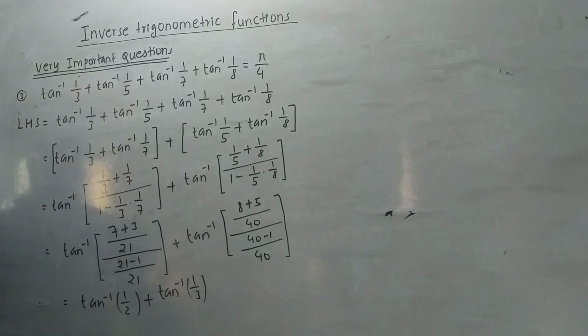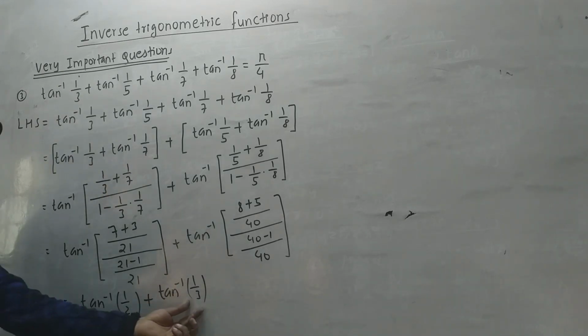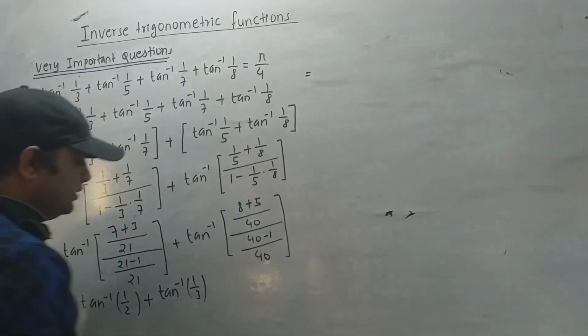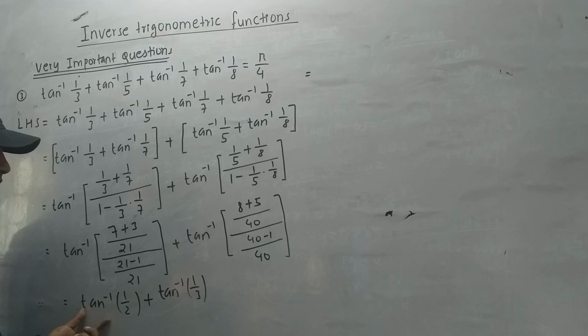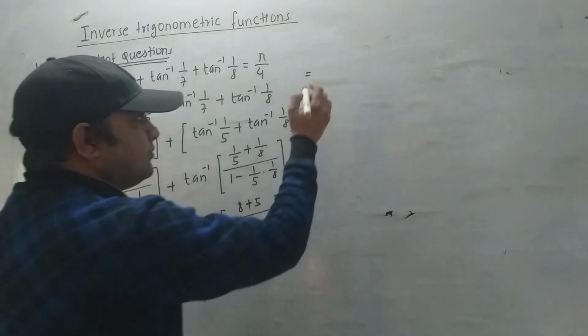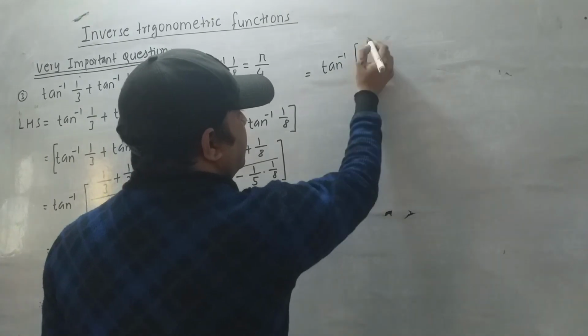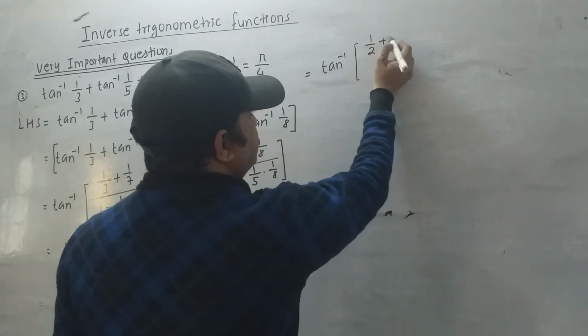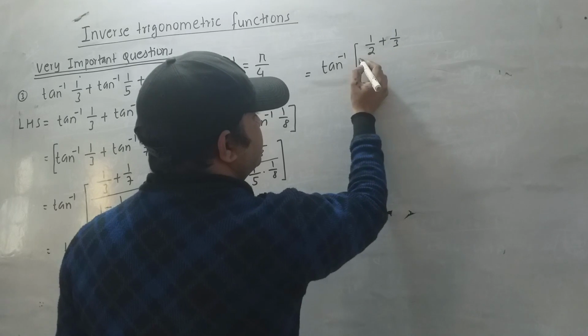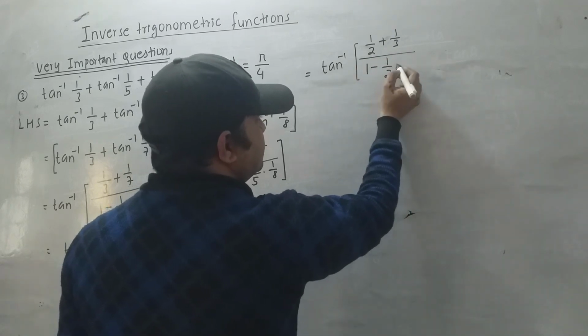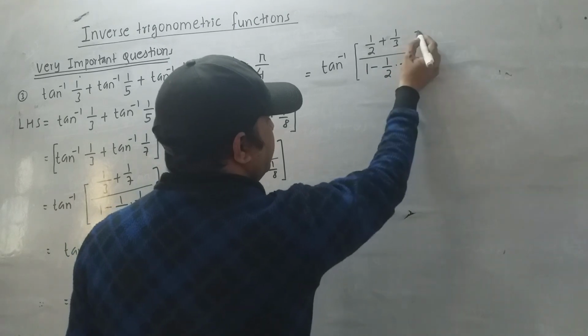Again we will apply the formula for tan inverse x plus tan inverse y. Suppose 1 by 2 is x and 1 by 3 is y. So now it will be tan inverse of x plus y, 1 by 2 plus 1 by 3, whole divided by 1 minus x into y, which is 1 by 2 into 1 by 3.